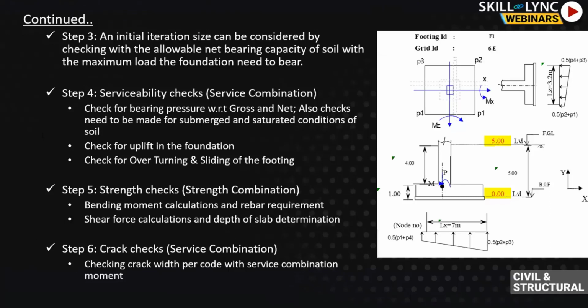Step 3 includes an initial iteration size, which can be considered by checking with the allowable net bearing capacity of soil, where the maximum load of the foundation needs to be borne. All right. So one has to rely on initial judgment of the load, and it is very simple.